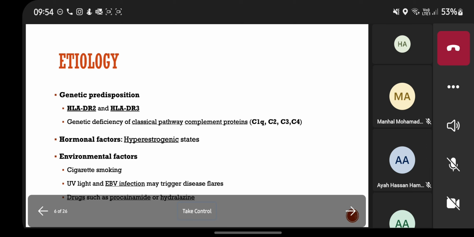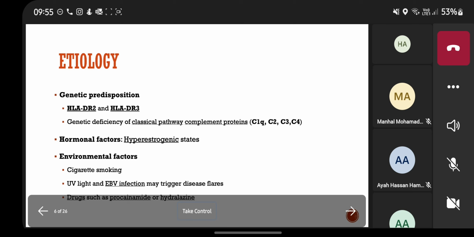Etiology: the cause is unknown, but it could be caused by genetic predisposition, hormonal factors, or environmental factors. We start with environmental factors.